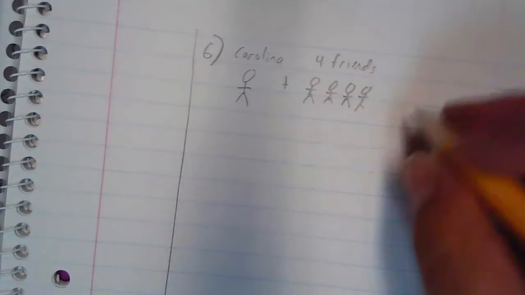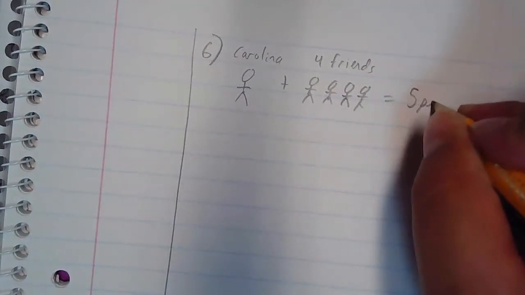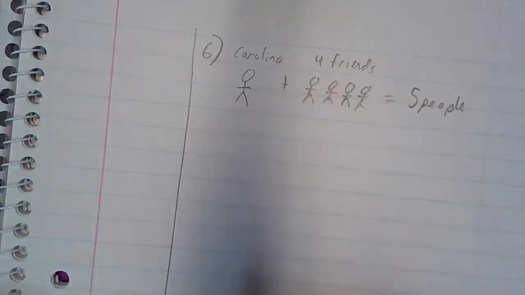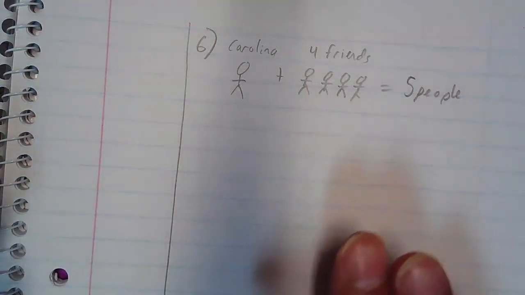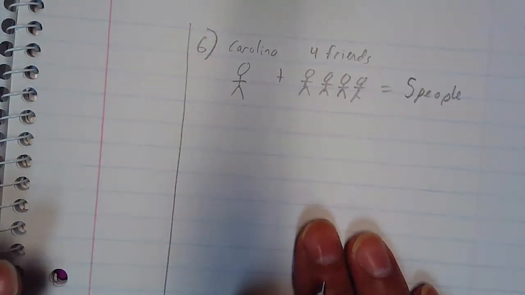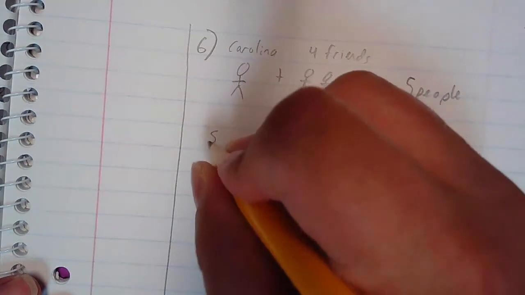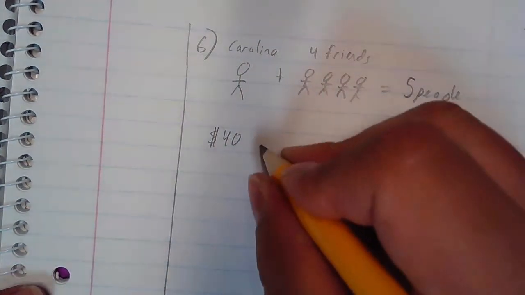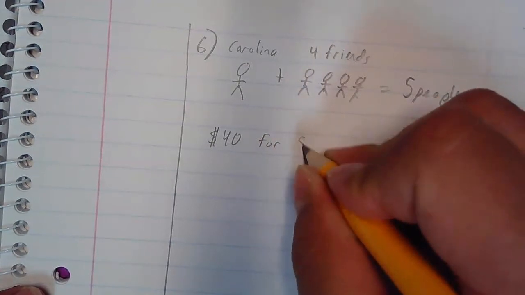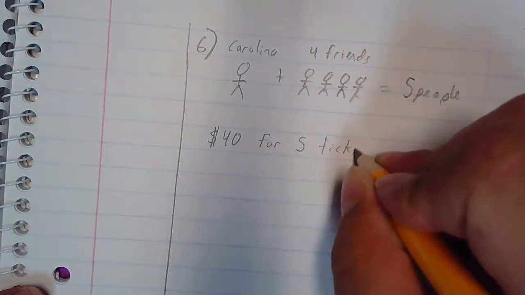So we have 5 people. Again, you probably already understand this, but like I said, this is forcing you to slow down and make sure you understand what's going on. So 5 people going to a water park. Carolina's mom paid $40 for 5 tickets.